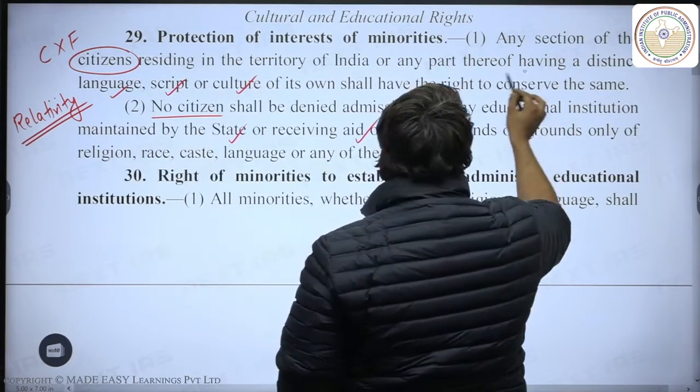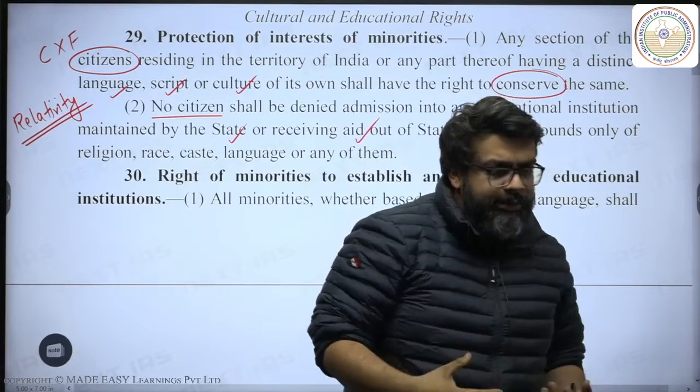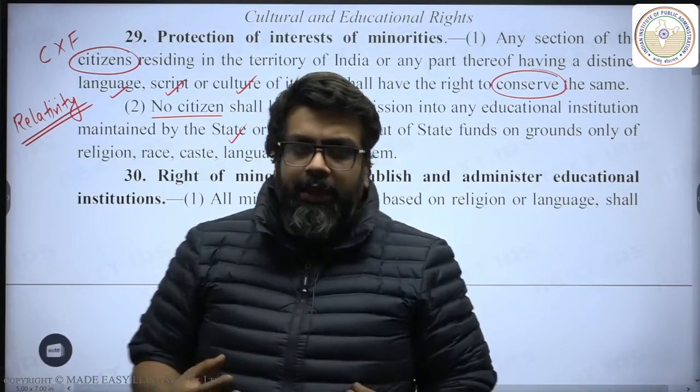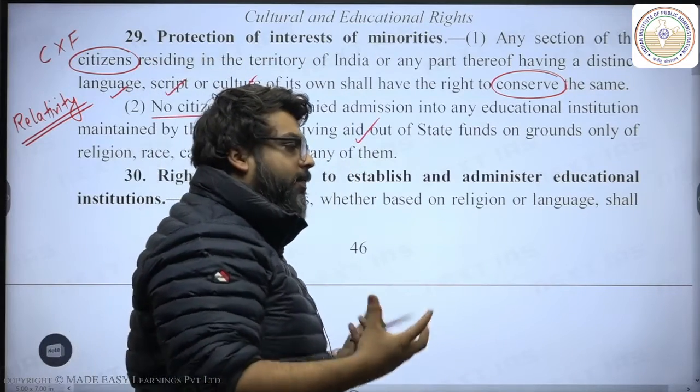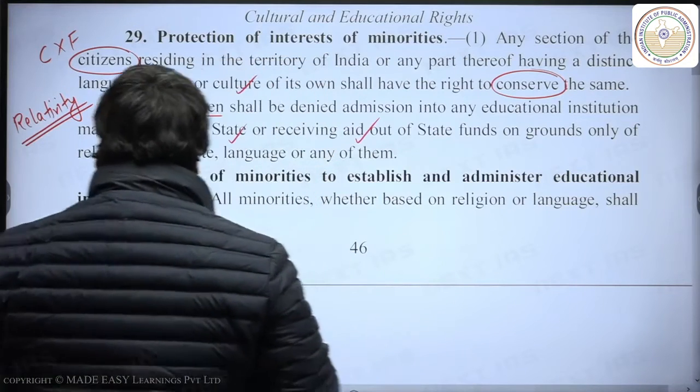Now, what does it mean when you say that you have the right to conserve them? It means you can have institutions, you can have programs, you can have initiatives, you can have awareness policies and so on and so forth.